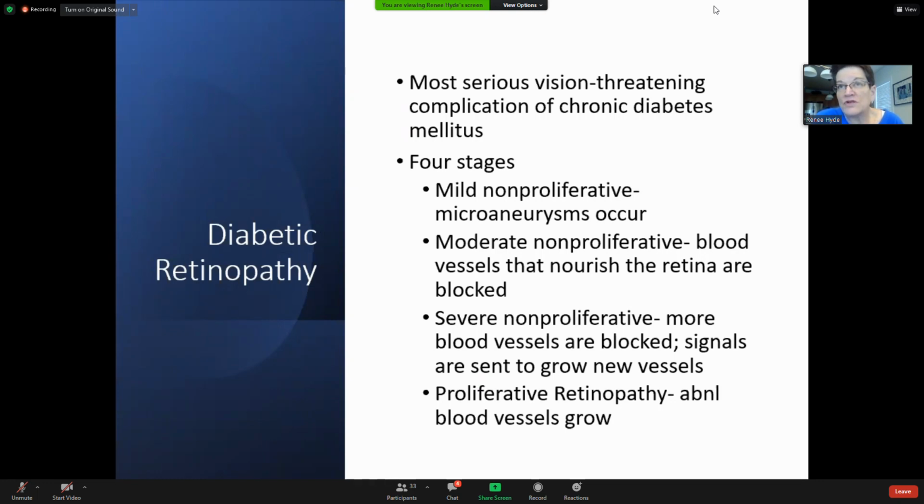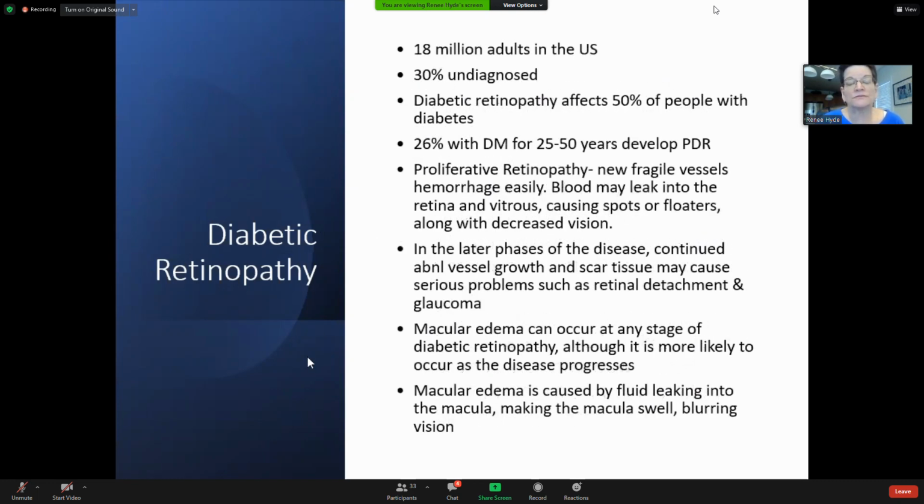And unfortunately, what happens is those vessels are fairly abnormal and they leak, and it can cause edema of the retina, okay? So, there are about 18 million adults in the United States with diabetes. About 30% of those are undiagnosed.